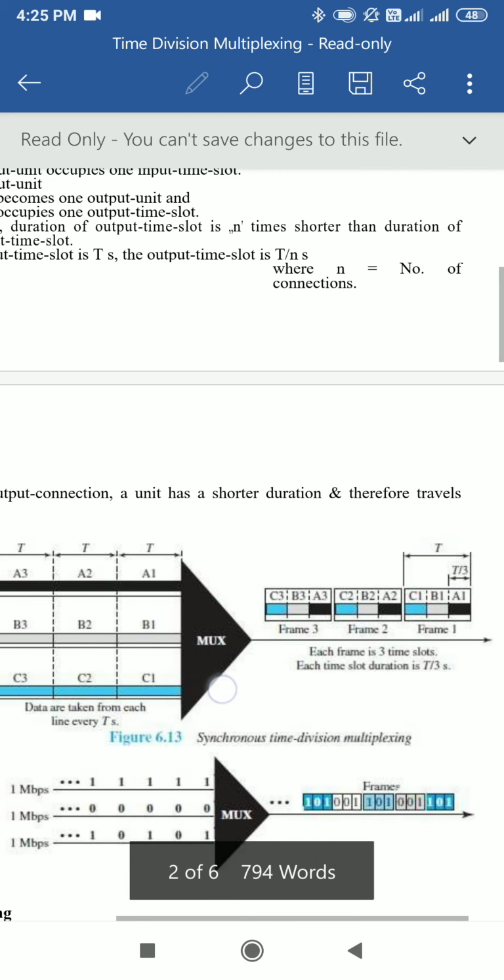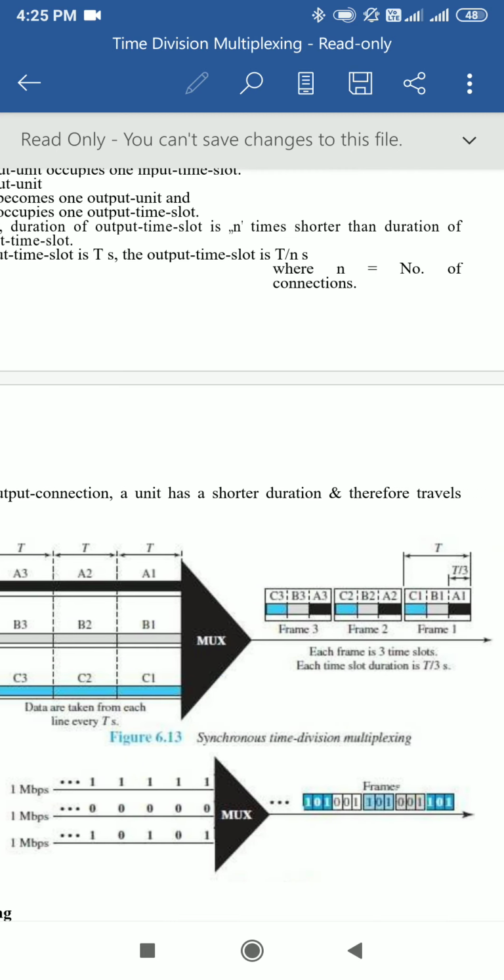And just you can see here, before multiplexing, A1, B1, C1 are allocated a time slot of time t. A2, B2, C2 are again allocated the next time slot of t. A3, B3, C3 are again allocated the next time slot called t.